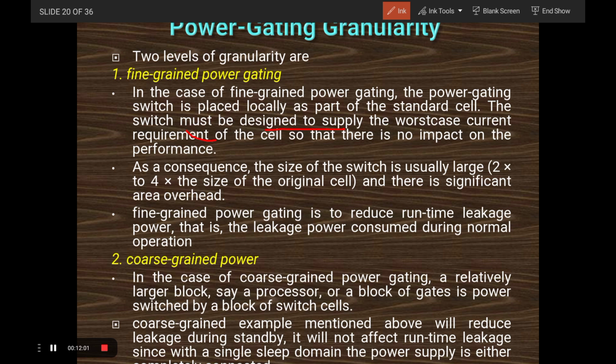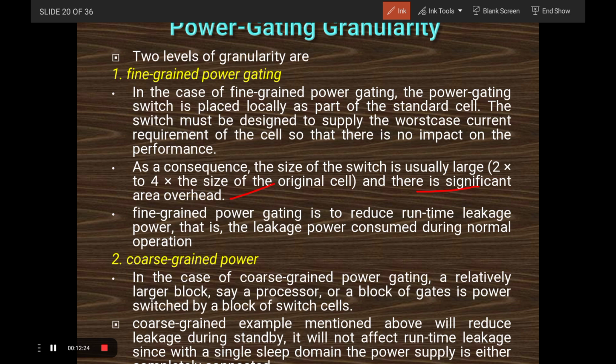But as a consequence, the size of the switch is usually 2 to 4 times the size of the original cell. Because if the switch is placed inside the cell, the size of the device also increases. So there is a significant overhead, and the area increases.